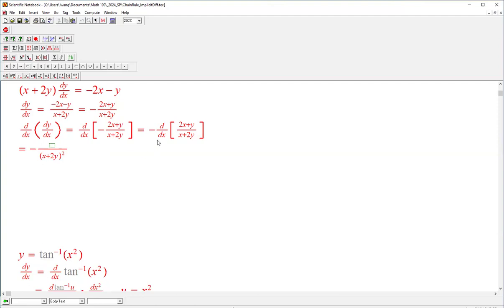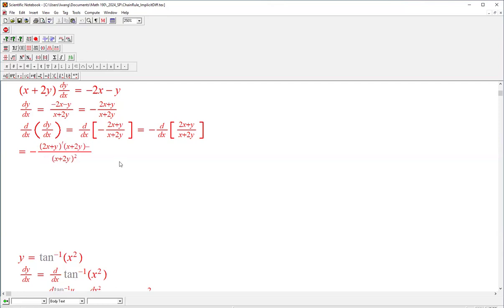On the top, we're going to differentiate 2x plus y. So let me write it this way: (2x plus y) prime multiplied by the denominator, which is x plus 2y.